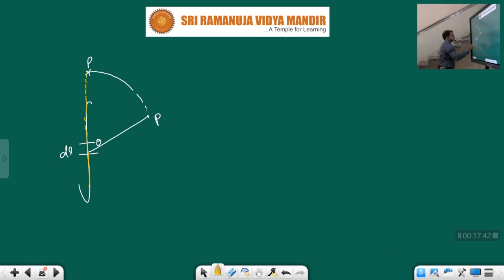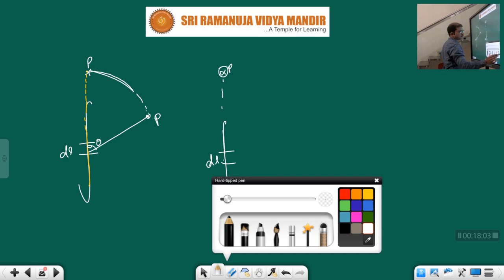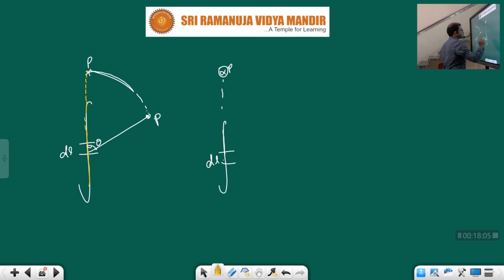Along the wire. Then how will this diagram be, children? This one is dl and this one is point P. Instead, here I am just moving P to here, children. Now what is the angle? No angle, right? So theta is equal to 0.